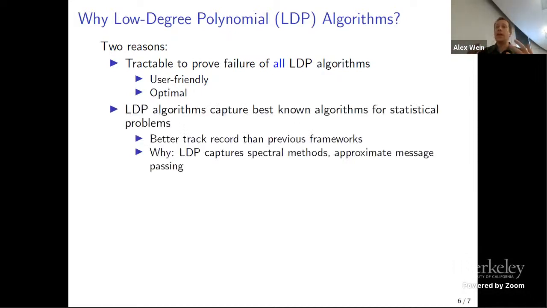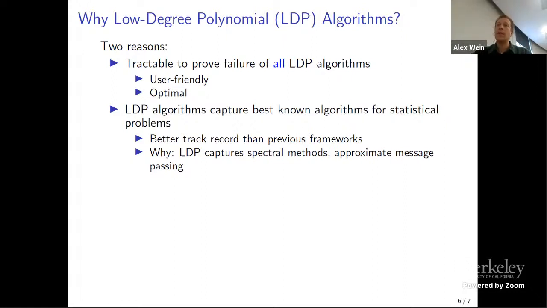And then on the other hand, these lower bounds are sort of meaningful because these low-degree polynomial algorithms actually do capture the best known algorithms for a whole slew of different statistical problems. I won't try to get into the subtleties of exactly what I can consider a statistical problem, but I do sort of believe that they have a better track record than these previous frameworks that I mentioned.